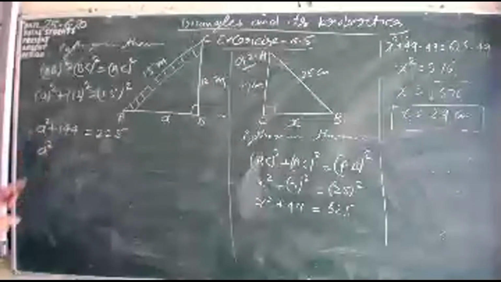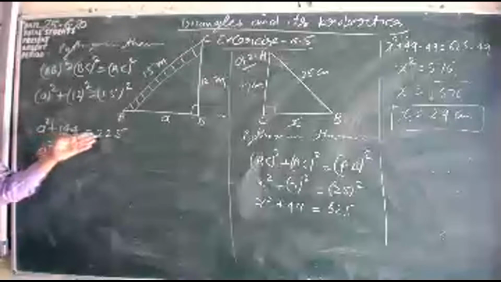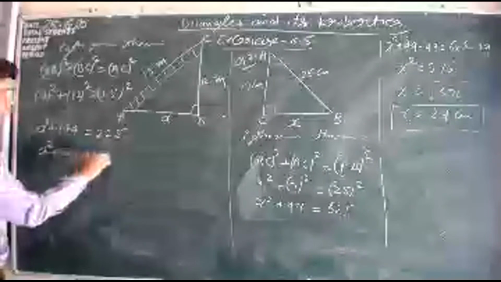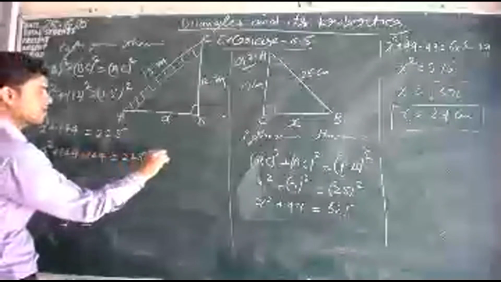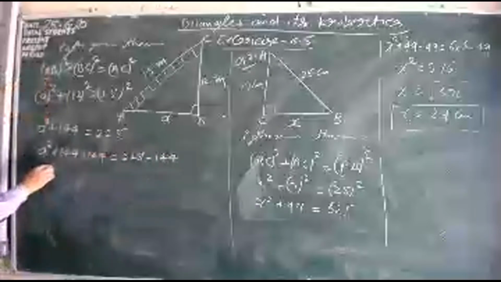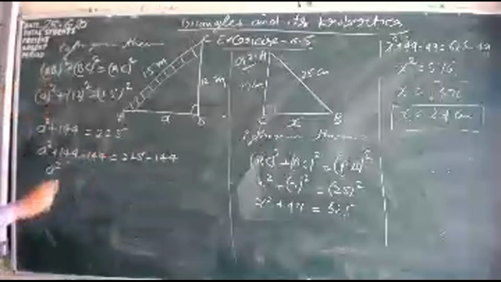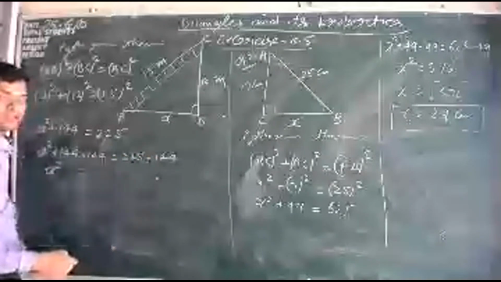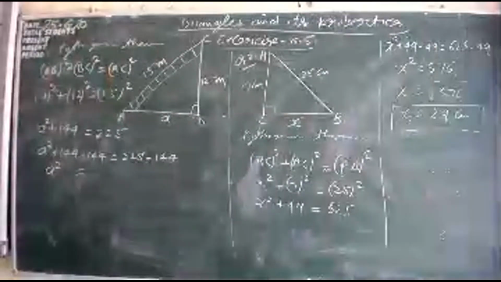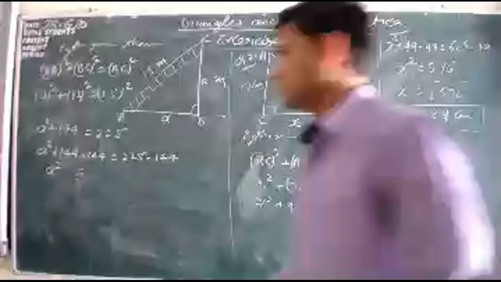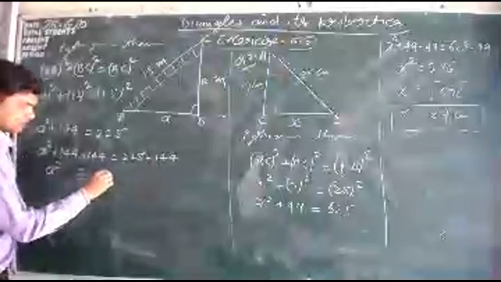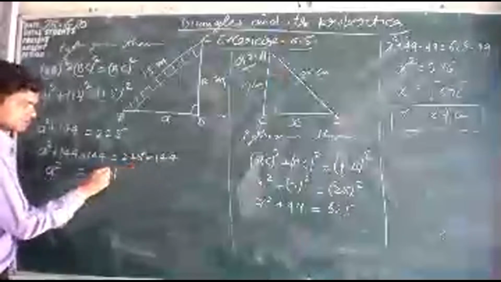Okay, and next one is A square. A square को अगर अकेला करना है क्योंकि इसको कैलकुलेट करना है तो we have to subtract the same number from both sides. That means 144 minus 144 is equal to 225 minus 144. A square, this minus this is equal to 0, and 225 minus 144 is equal to कितना होगा, 5 minus 4 is equal to 1, 12 minus 4 is equal to 8.